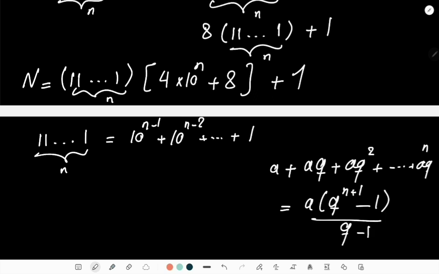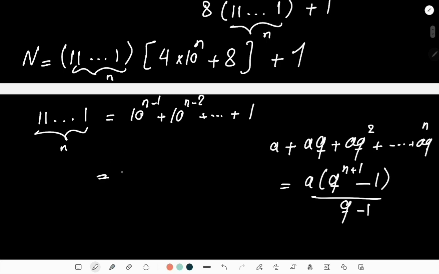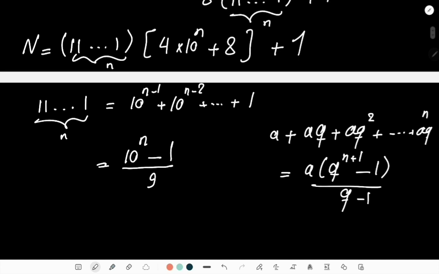So here I can write this part as 10 to the power of n minus 1 plus 1, which is basically n. And pay attention that here a, the first element in this geometric sum, is 1. So that's why here we have 1, and divided by 10 minus 1, which is basically 9. So perfect. So we have that factor simplified.